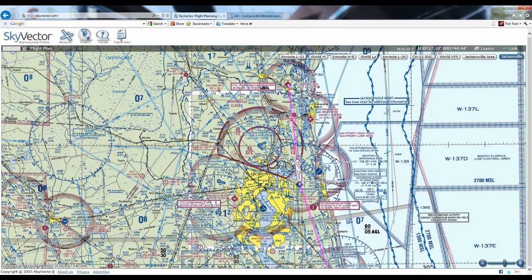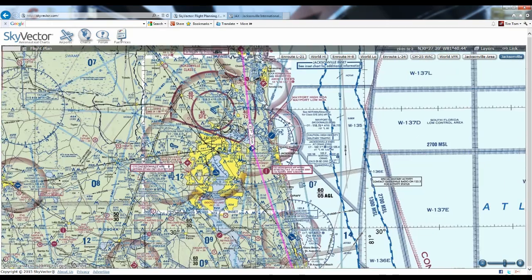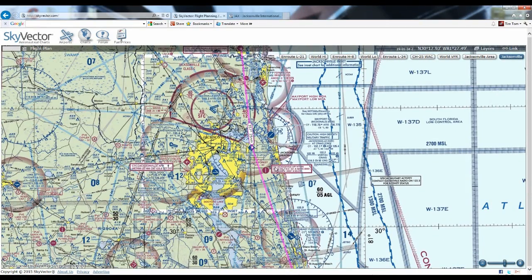So if we're coming in from the south, and we want to get flight following with approach control, how do we know who to contact? Well, if you look right here, it actually tells us. Contact Jacksonville approach within 20 nautical miles on 118.0, 351.8 above 5,000, or 124.9, 308.4, 5,000 and below. So that's giving us two frequencies.